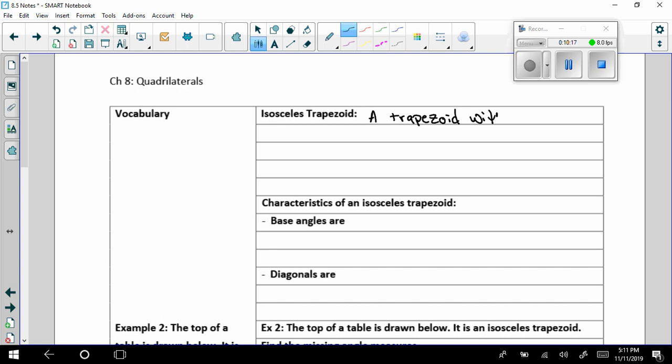Remember, the legs are the non-parallel sides. So when you see an isosceles trapezoid, this one and this one will be marked congruent. Other characteristics of an isosceles trapezoid: the base angles are also congruent.